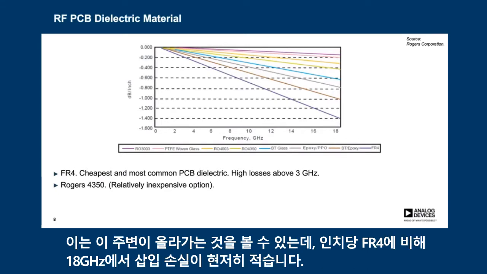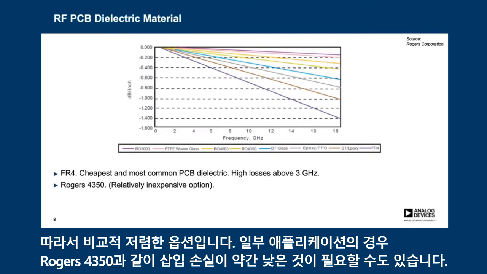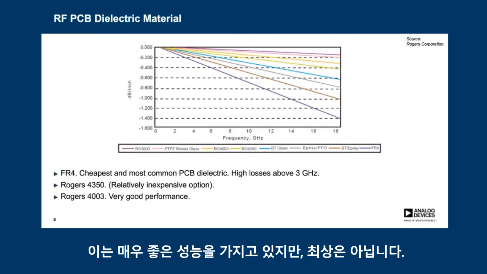So this one is coming up around here. So we have considerably less insertion loss at 18 gigahertz compared to FR4 per inch. So that's a relatively inexpensive option, but for some applications we may require some lower insertion loss like Rogers 4003. That has very good performance, but it's not the best.